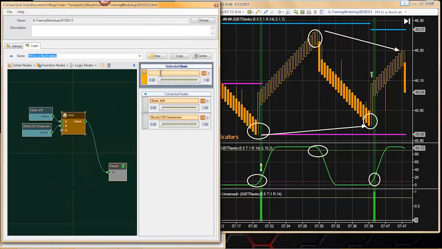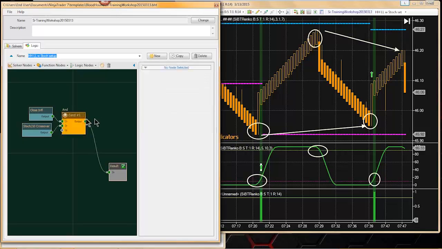And here's another good idea: name your logic nodes, so that you understand what is coming out of each logic node. This AND node is telling us when condition 1 happens, and all these solvers plugged into it are building condition 1.